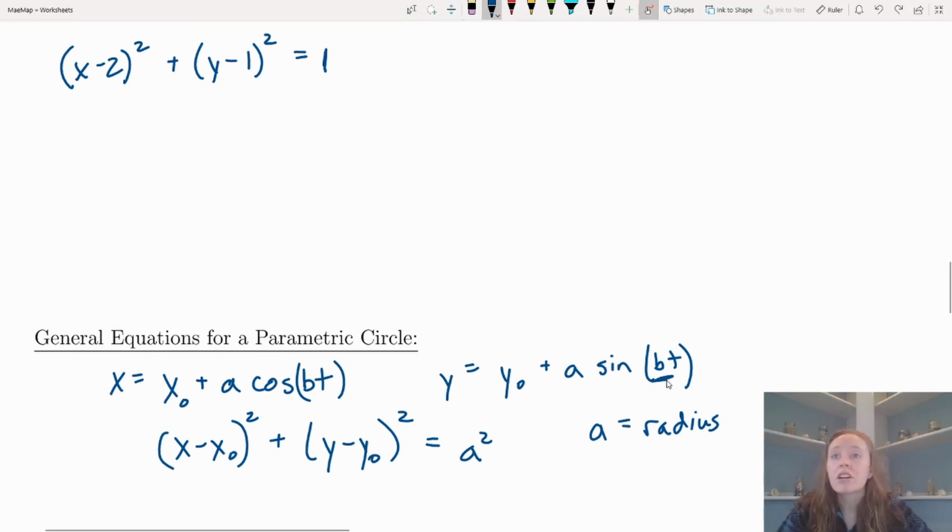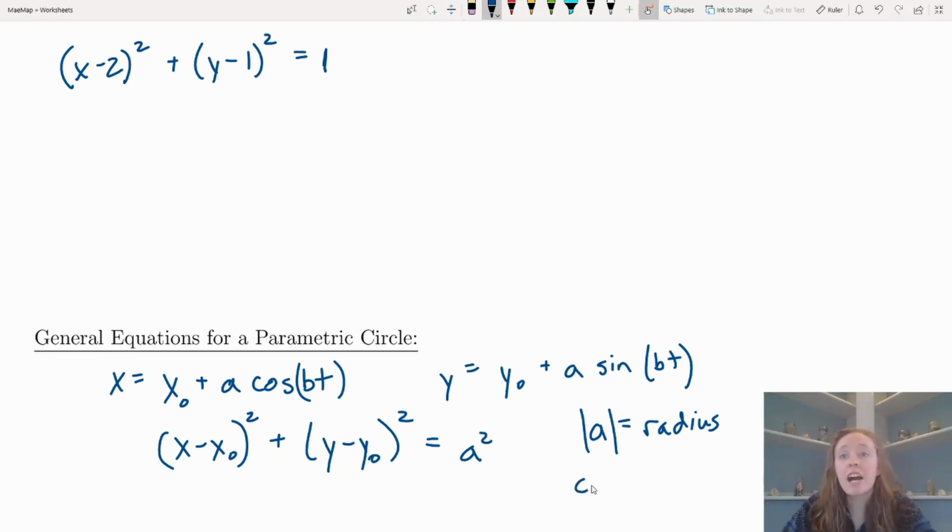And b dictates my direction or my positive orientation of my curve when I go to draw my arrows. So if b is greater than 0, then the circle is generated counterclockwise, where if b is less than 0, then we're going to be generating it clockwise, which might be helpful for that task I mentioned earlier, how to reverse that direction in example 1 part B.